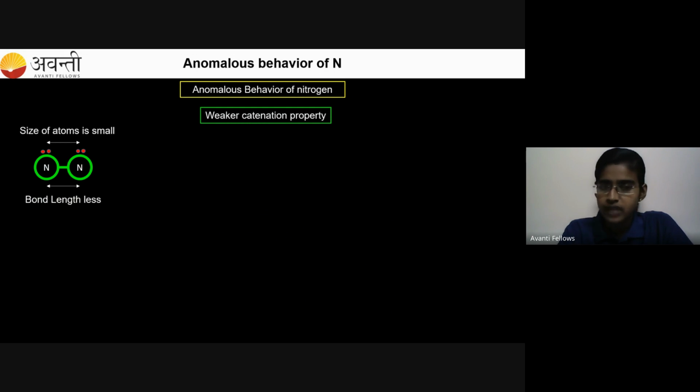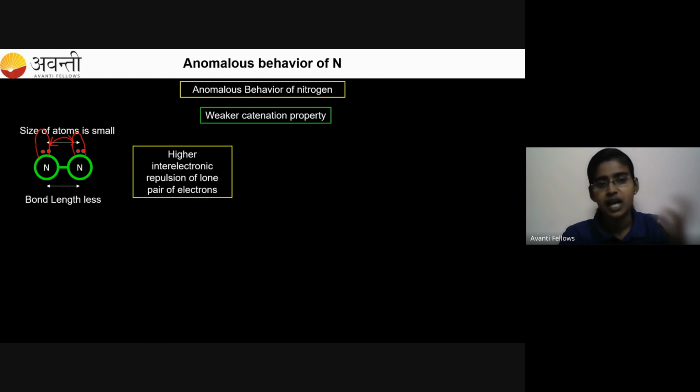Because of that, lone pair repulsion occurs. Since the size of the nitrogen atom is very, very small, the lone pairs are very close to each other and try to repel each other. Since the bond length is very small, the repulsion is very large, and because of that the nitrogen-nitrogen bond strength decreases.